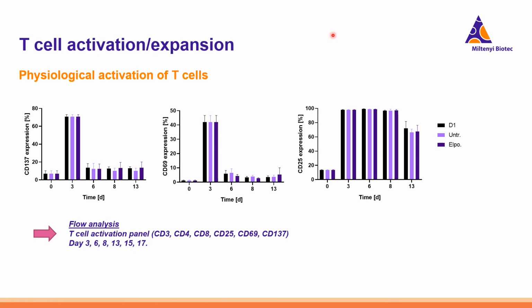And after 48 to 60 to 96 hours, the expression then decreases and goes back to the baseline, as shown here. For the other marker, CD25, the alpha chain of the IL-2 receptor, this is upregulated a bit later usually than CD69 and CD137.